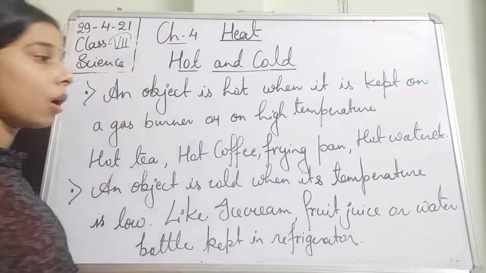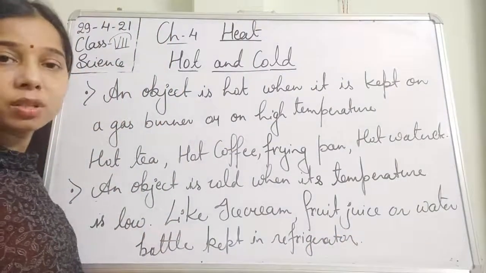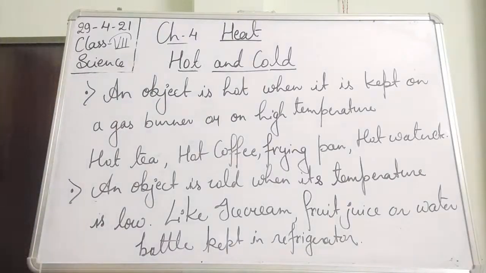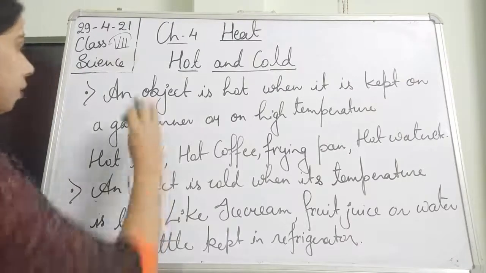So this is how we can say that an object is hot or cool. But sometimes even our sense of touch is not reliable.